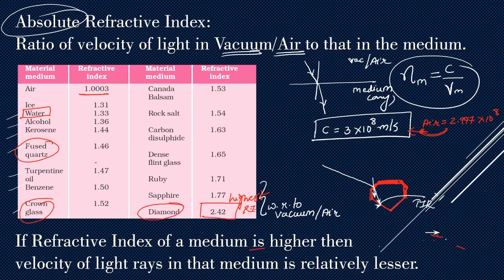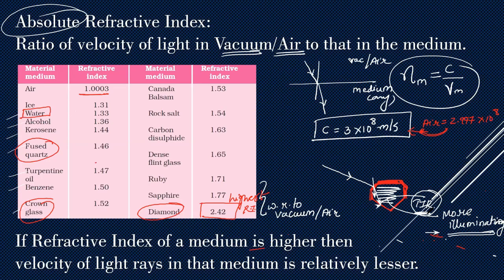TIR, we call it total internal reflection, and hence only one ray is enough for the diamond to get illuminated from inside. More illumination, sparkling effect. That's why diamonds are so sparkling. Understood? So two things: the refractive index of diamond is very high, and it supports total internal reflection. We are going to study the phenomenon of total internal reflection in the coming episodes.